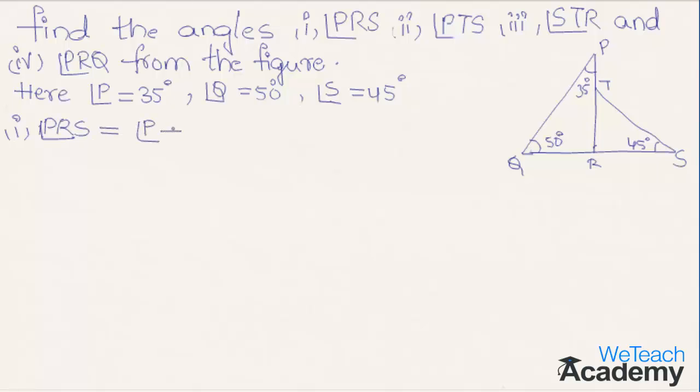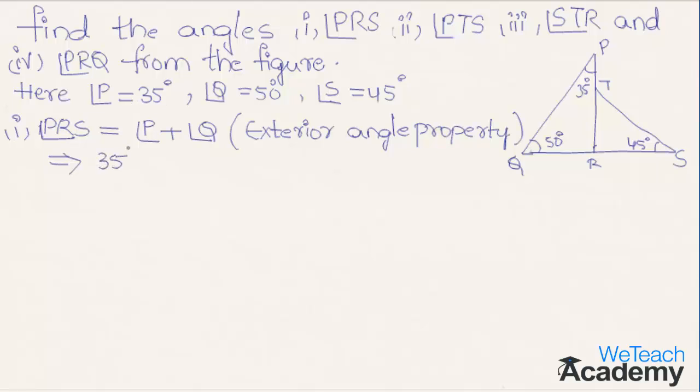So hence, angle PRS is equal to angle P plus angle Q. Here, using the exterior angle property, we get angle P, which is equal to 35 degrees, plus angle Q, which is nothing but 50 degrees, which is equal to 85 degrees. So hence we get angle PRS as 85 degrees.